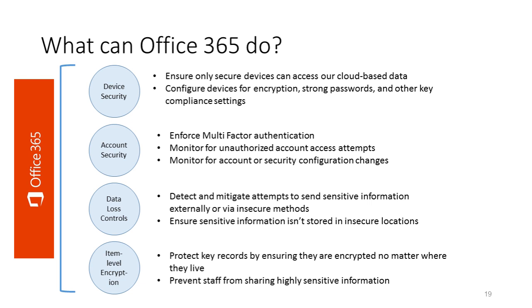Data loss controls, detecting and mitigating any attempts to send sensitive information externally, meaning that we can set data loss controls to make sure that, for instance, if I'm sending an email, if the email contains something that looks like a Social Security number, it's got 3 digits, 2 digits, 4 digits, I'm going to get an alert as that user that says, hey, that looks like sensitive information.